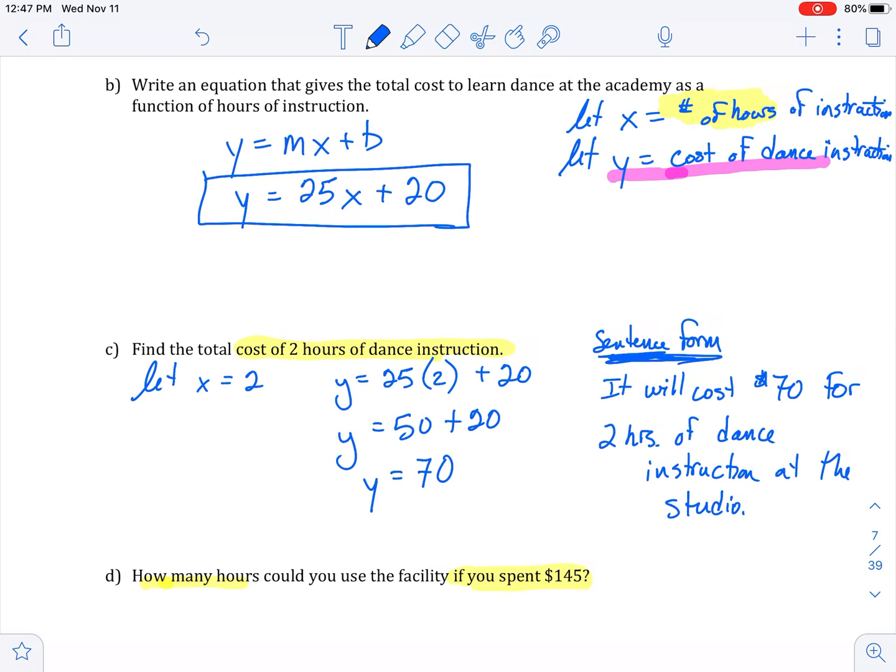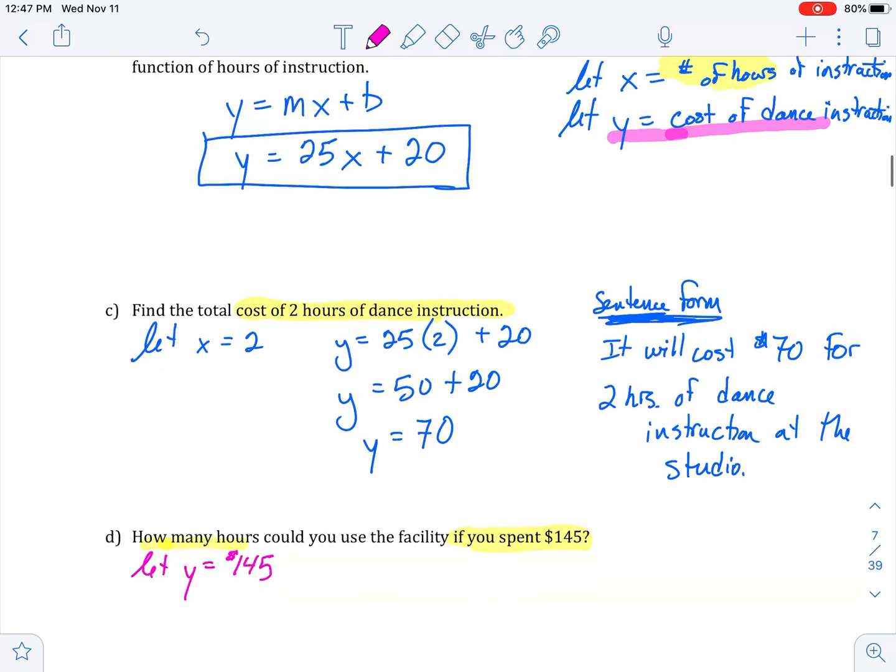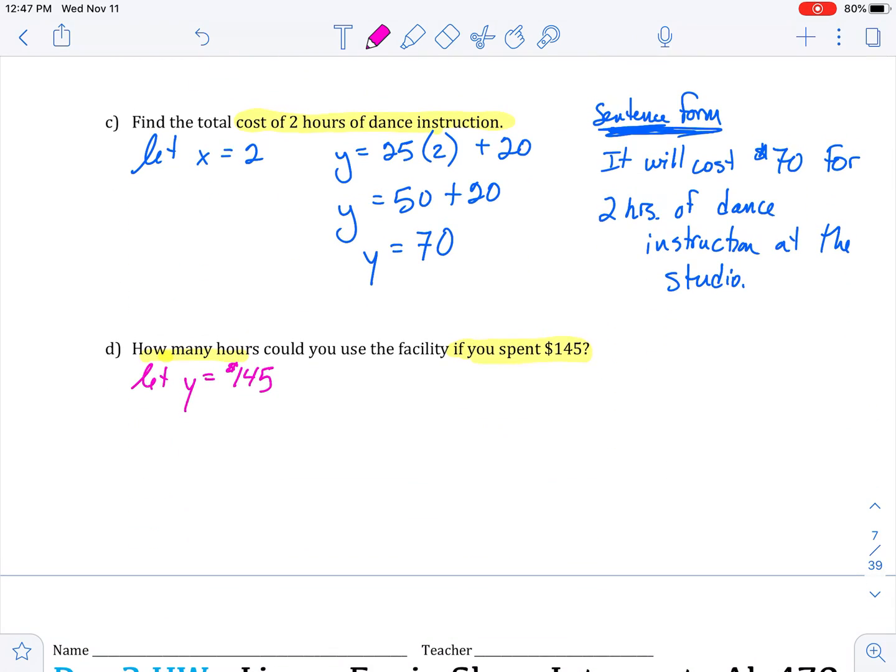So this problem asks what happens if we let y equal $145. We set up $145 is equal to 25 times x plus 20. We solve this equation for x. We get 125 is equal to 25x.